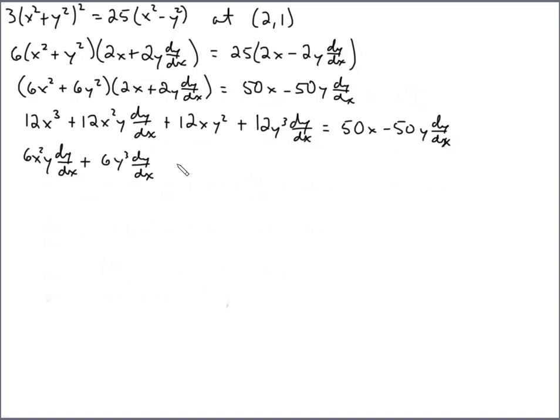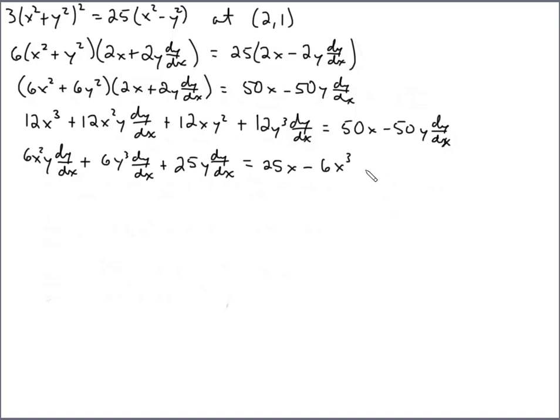This term over here, we're going to bring to the left side too. We're also dividing that coefficient by 2, so 25y dy/dx. Bring the other terms to the other side. So it's going to be 25x, that's this term here, coefficient divided by 2. This over here, minus 6x to the third.